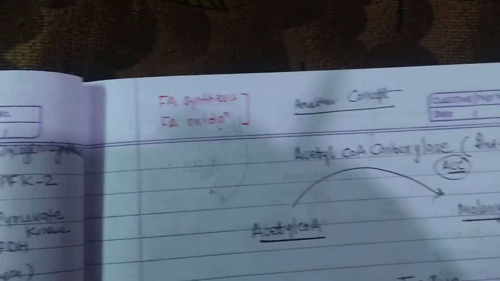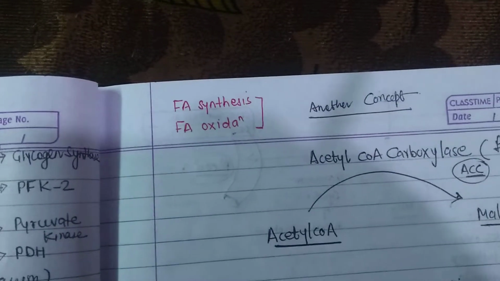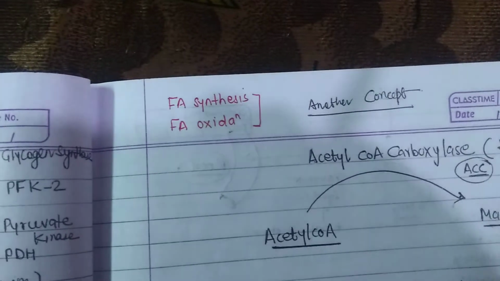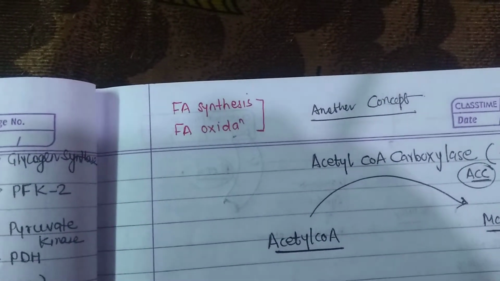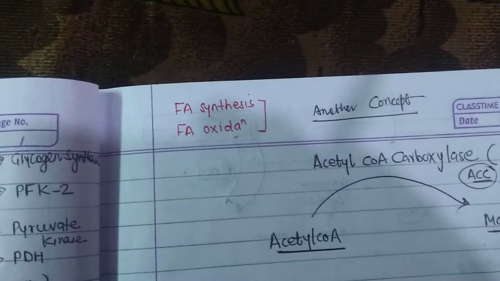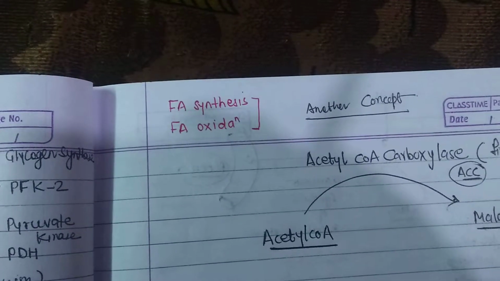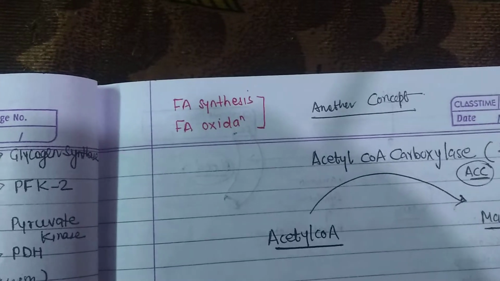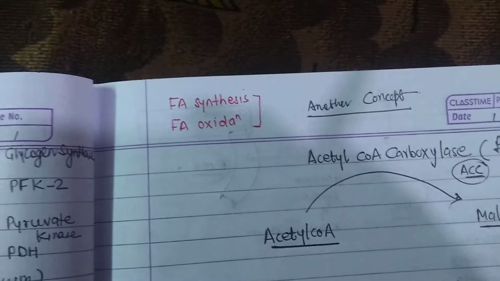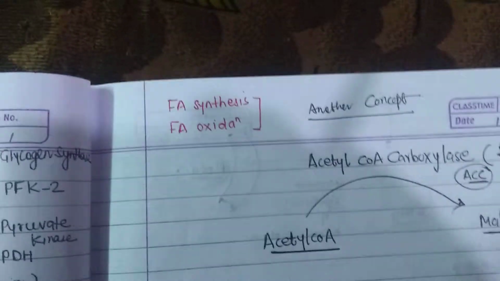So obviously these two processes cannot occur simultaneously, just like gluconeogenesis and glycolysis, which we studied just now, cannot occur simultaneously. One process has to occur, so there must be a regulation like in the glycolysis gluconeogenesis part, and that is the regulation concept I'm going to tell you.